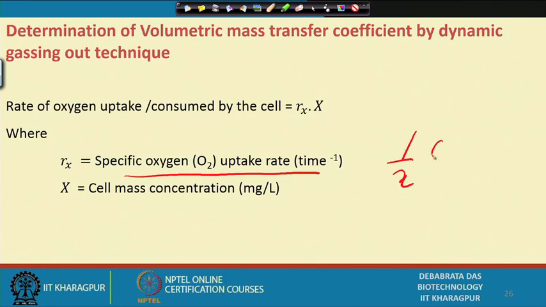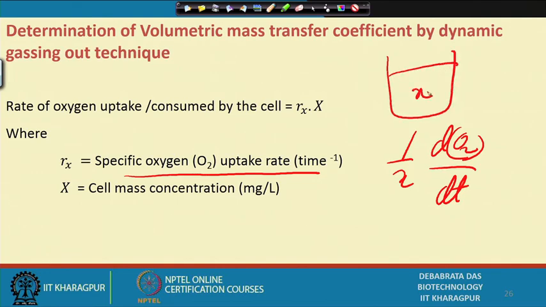It is (1/x)(dO2/dt), that means grams of oxygen utilized per unit time per unit concentration of cells. Now, suppose in a particular liquid you have x as the cell concentration. So, how much will the rate of oxygen consumption be? This multiplied by x, then x will cancel, and you will get the rate of oxygen that is consumed in the mass. This is called oxygen uptake.